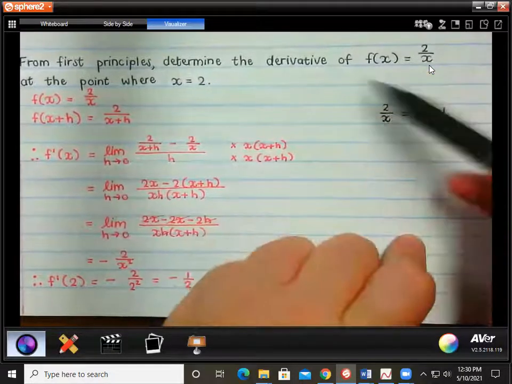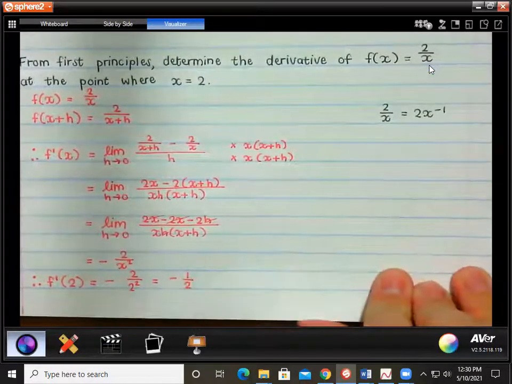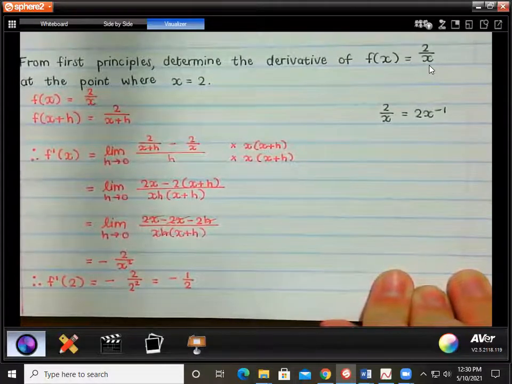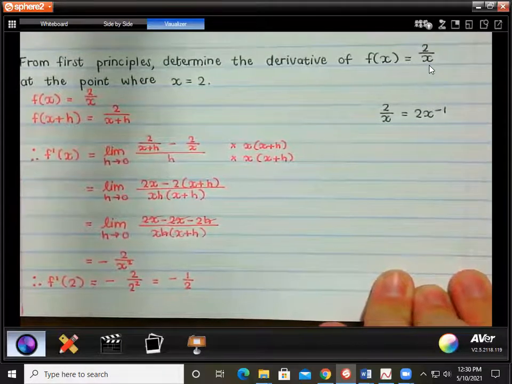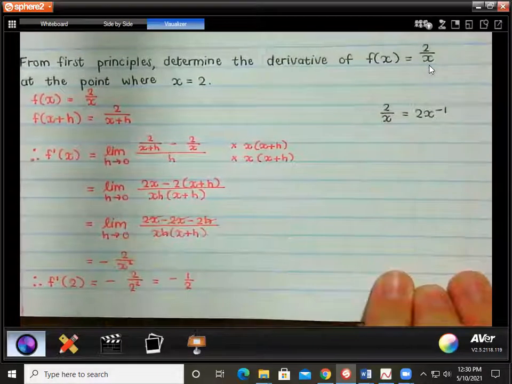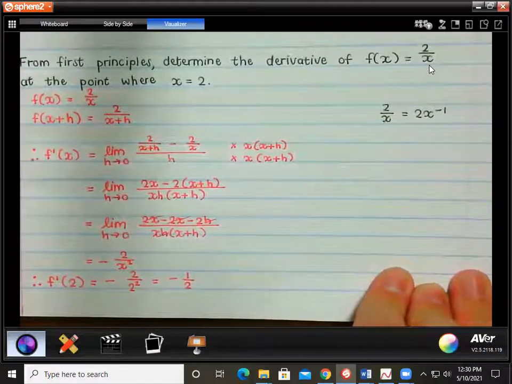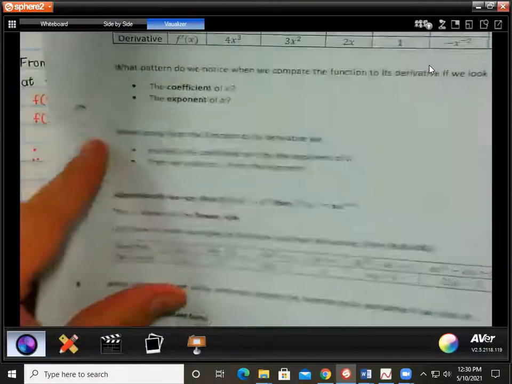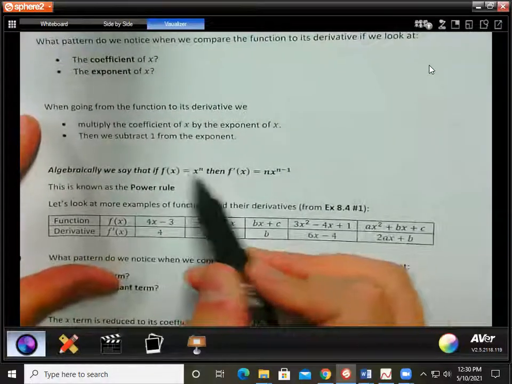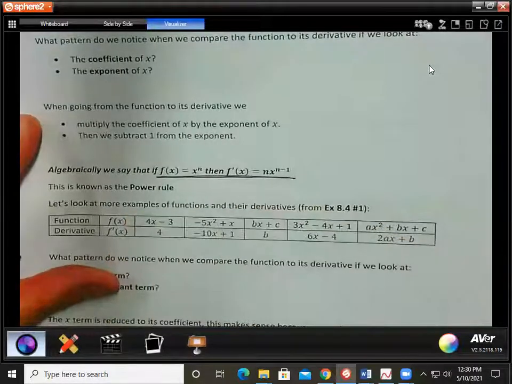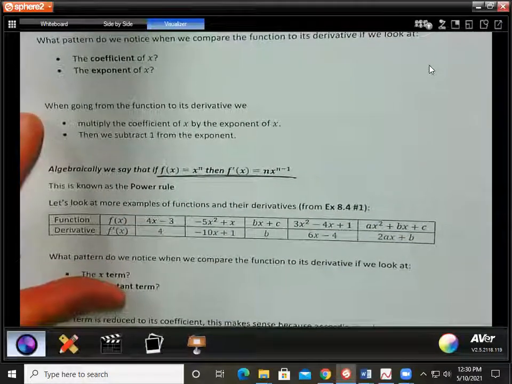When you are in core, you need to understand that the derivatives they're going to ask you to do will be of the form where you can split the whole thing up into separate terms and then use the power rule. This is the only thing that you will have to use in core when they're asking you to find derivatives.